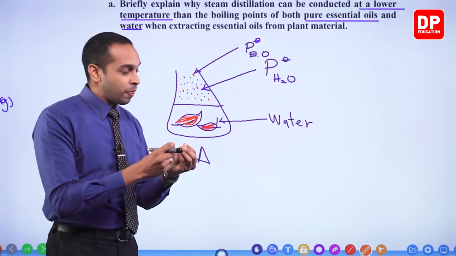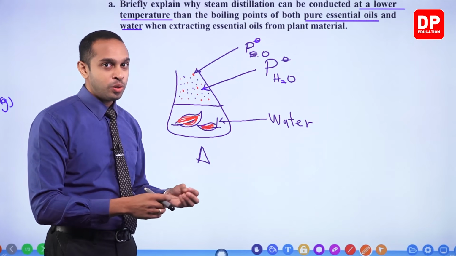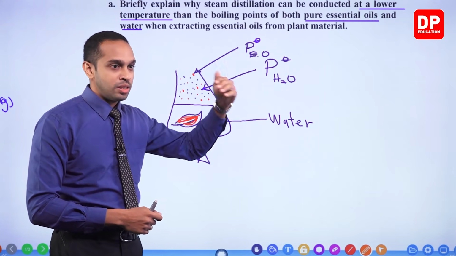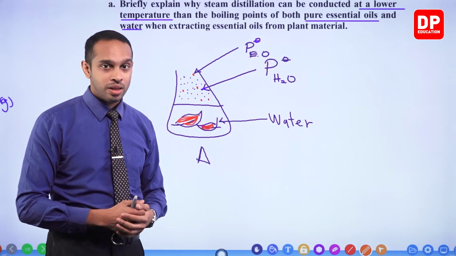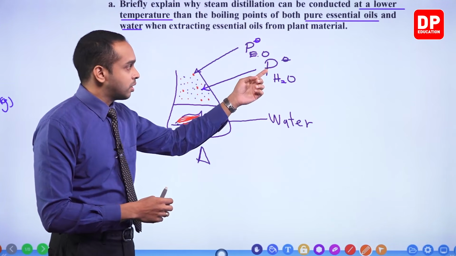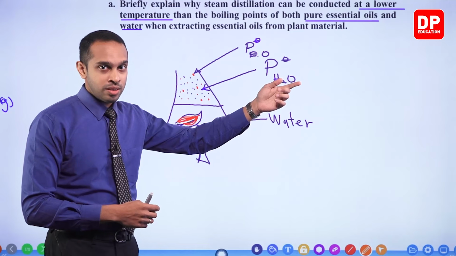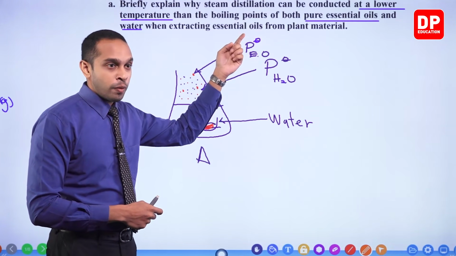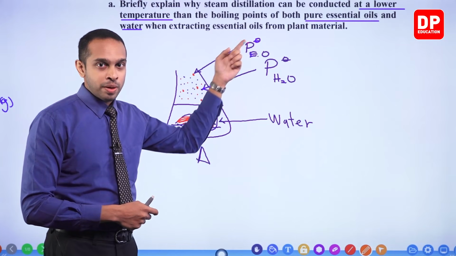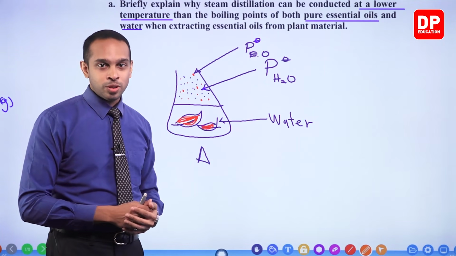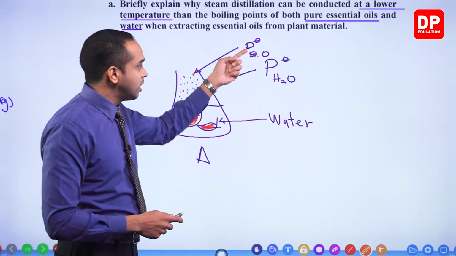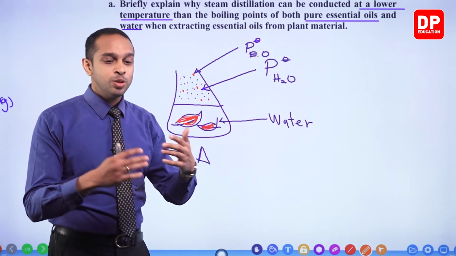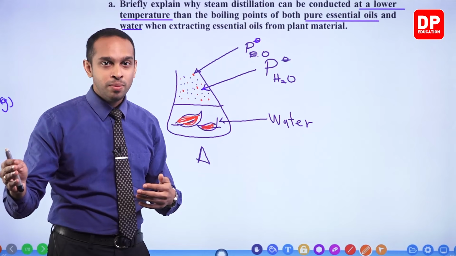So in this particular scenario, you don't have to wait until one of these vapor pressures reaches atmospheric pressure. We have to only wait till the cumulative or the total vapor pressure reaches atmospheric pressure. So neither one of these vapor pressures ever has to individually reach 1 atm.